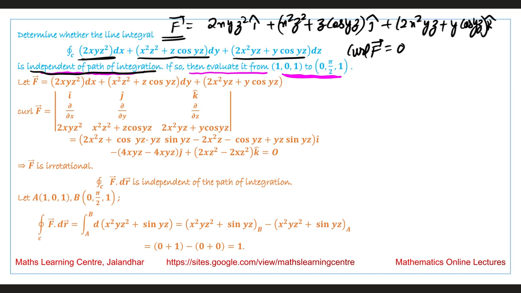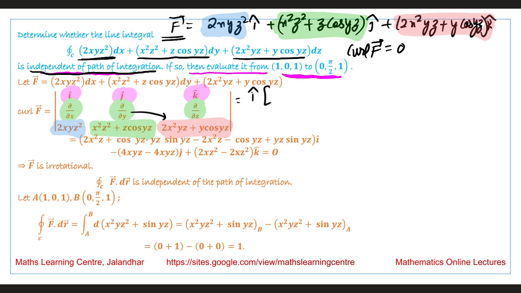So we have calculated this curl over here. We are saying it is i cap, j cap, k cap. We have obtained this determinant: del by del x, del by del y, del by del z, and these are the components that we have for i, j and k. Now if we calculate this determinant, corresponding to i cap it is the derivative of this term with respect to y.